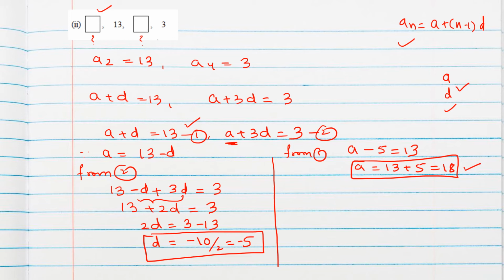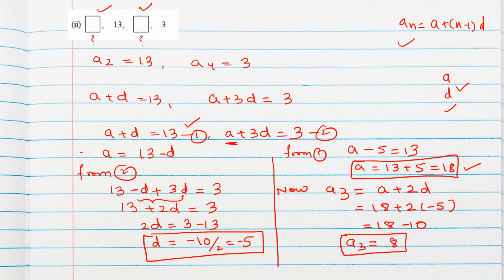Okay. And the third term also we should find. So now for the third term, that is A3, a plus 2d will come, but a is 18 and d is minus 5. So 18 minus 10 gives 8. So third term is 8. So in these boxes, the first number will be 18 and the third number will be 8. Okay.